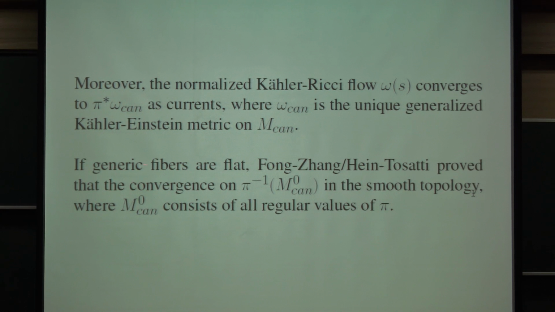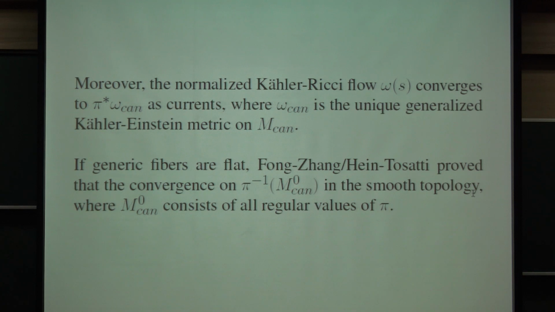What we proved, I didn't specify the topology here. I only said it's currents, but actually we did a little bit more than currents. We proved C^{1,alpha} convergence, and there are later works by Fong and Zhang, that's Zhang Zhou, and Hein and Tosatti, Hein was another former student, proving convergence in the smooth topology if the fibers are flat.